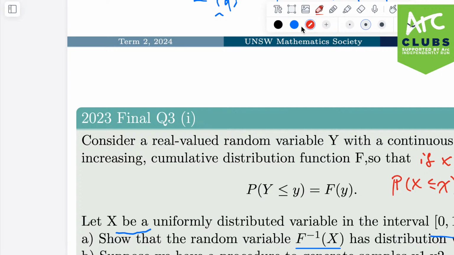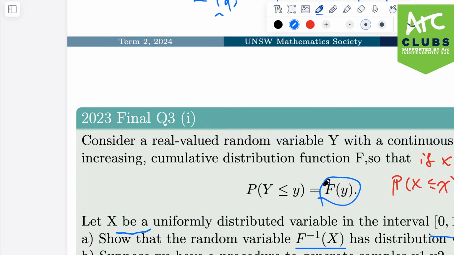So here we can conclude that the probability that X is less than or equal to F of y is just F of y. So we have shown that F inverse of X as a random variable actually follows the same distribution as F of y. And that is all part A is trying to ask us.